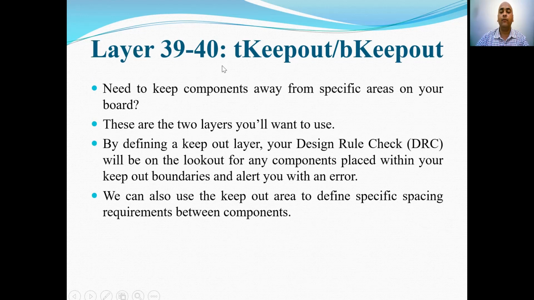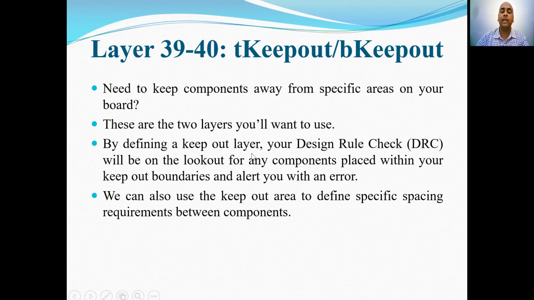Layer 39, 40 is called top keep out and bottom keep out. These layers are needed to keep components away from specific areas on your board. These are the two layers you will want to use.